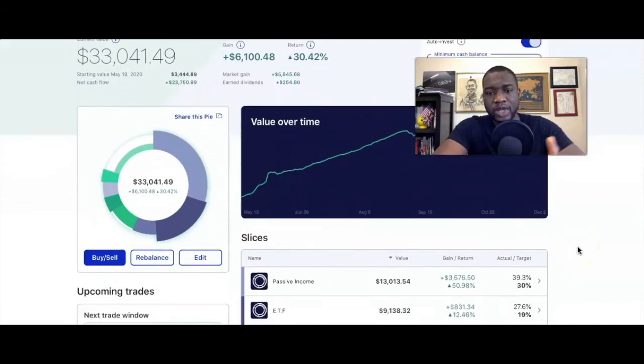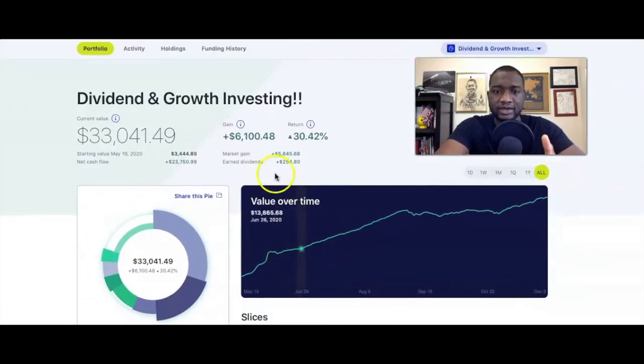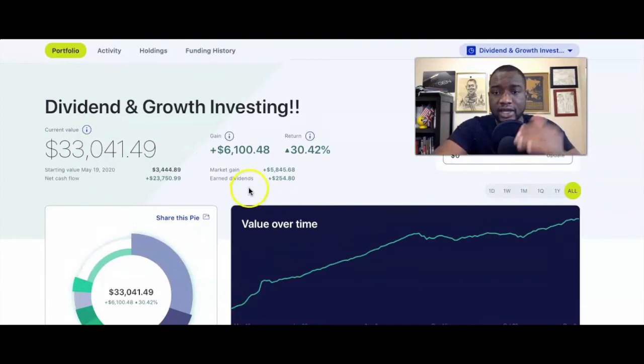So when we're talking about something like this, if you can see up here, so far this year, I've generated $254 on dividend right here.